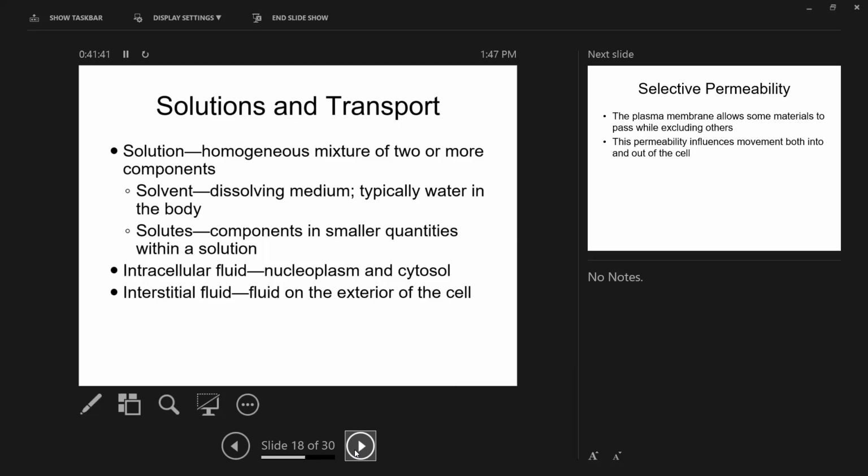Water content inside the cell is equivalent to water content outside, and the same concentrations of particles of solutes are found inside and outside. The cells stay balanced. The intracellular fluid matches the interstitial fluid. We don't want to see movement of water in here, because in fluid and electrolytes in AP2, we're going to talk all about all the things that can go wrong in a cell with water movement.